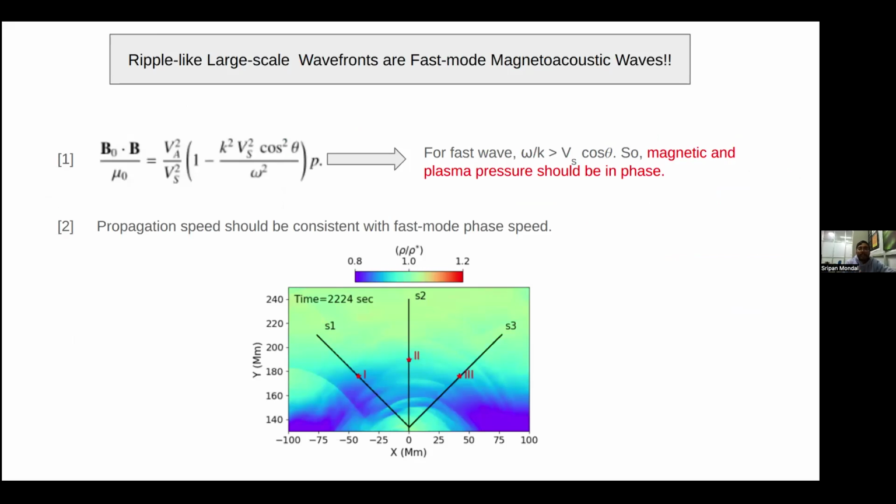If you look at the equation on the top left, it shows that if omega by k, which is the phase speed, is greater than Vs cos theta, where Vs is the sound speed and theta is the angle between the direction of propagation and the magnetic field vector, as it is for a fast wave, then B naught dot B by mu naught should be in phase with P. Therefore, magnetic and plasma pressure perturbations associated with waves should be in phase for a fast wave.